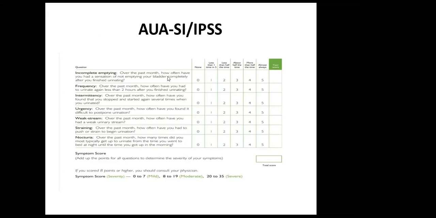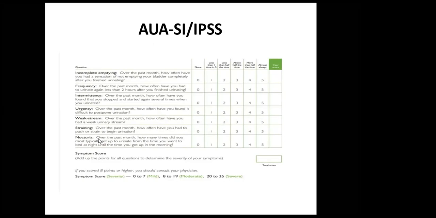Sir, for the management of BPH, we can use the American Urological Association Symptom Index or International Prostate Symptom Score, which is a set of questions self-answered by the patient, involving incomplete emptying, frequency, intermittency, urgency, weak stream, straining, and nocturia.